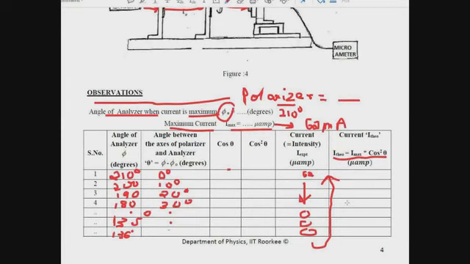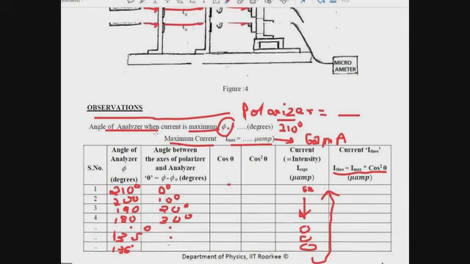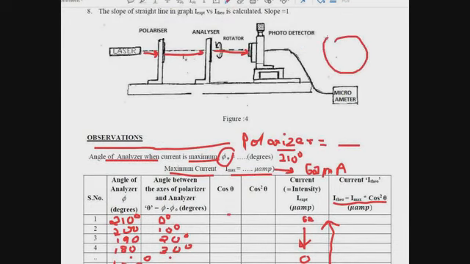This will continue for a while, and we have to continue taking readings till we again reach 210 degrees. So it is a full 360 degree cycle that we are completing. That is what we need to ensure.